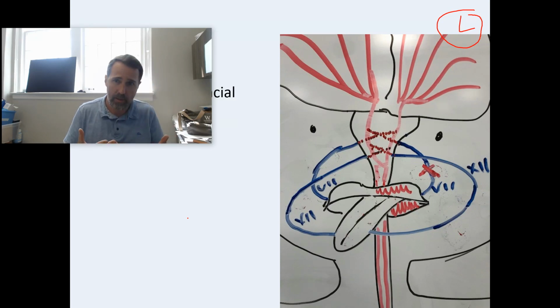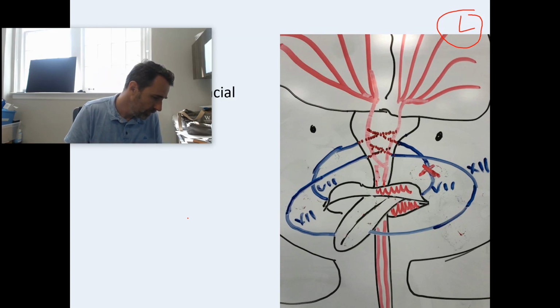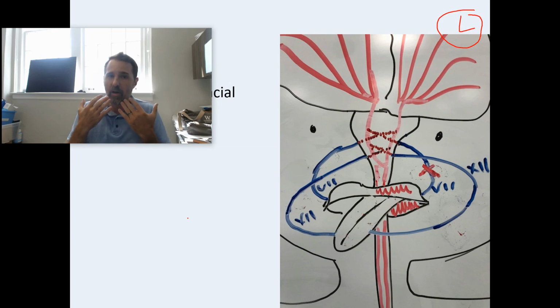If you're trying to drink, you're going to be spilling liquid out the front of your mouth. This would be called anterior spillage. So anterior spillage is basically anything spilling out of your mouth. Posterior spillage is anything spilling back into the pharynx.